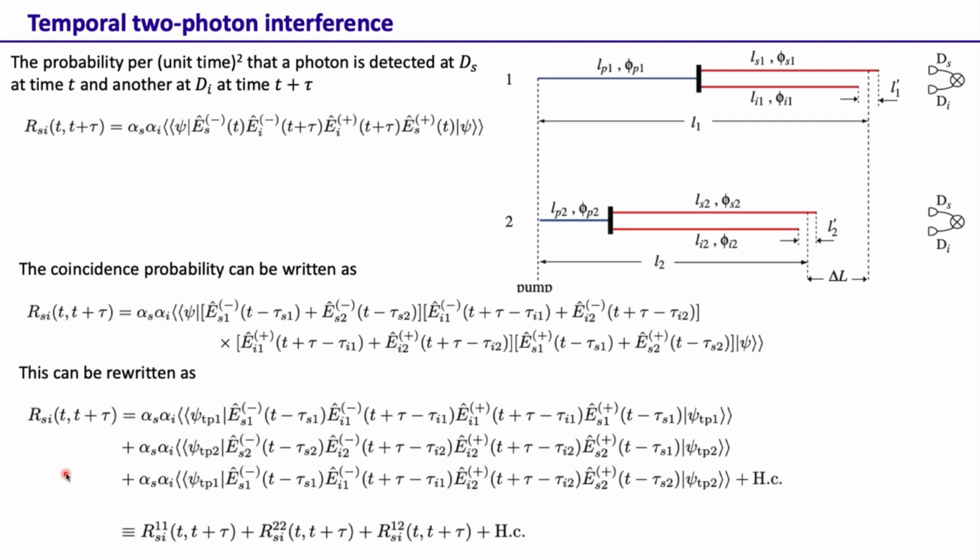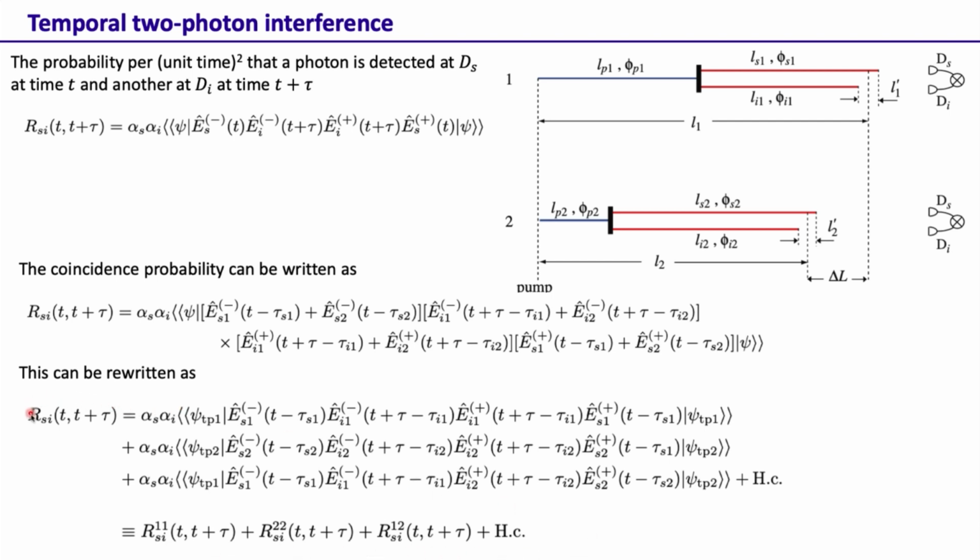Again, we see that the structure of interference here is pretty much the same as in the one photon case. In the one photon case also, we have 2 alternatives, and the interference, which in that case is in terms of intensity, has 4 terms. Out of the 4 terms, 2 are the intensities coming from alternative 1 and alternative 2, and then there are 2 cross terms.